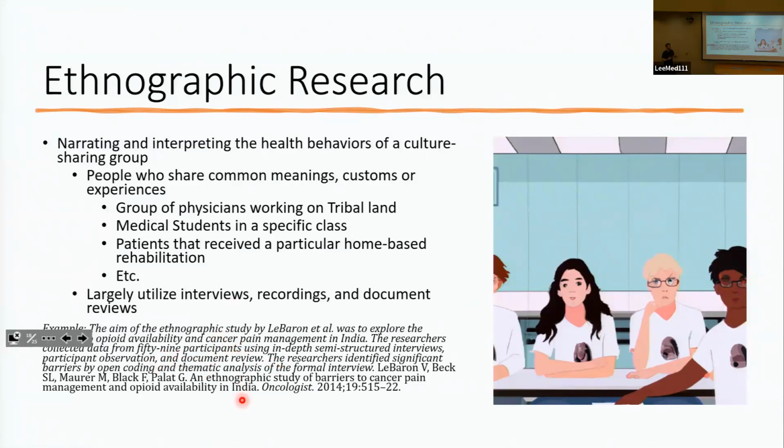In this case, it's individuals within this region in India that are obviously undergoing cancer treatment and may or may not have the open availability of opioids to tackle or to combat that cancer pain. So what is that experience like for this group?